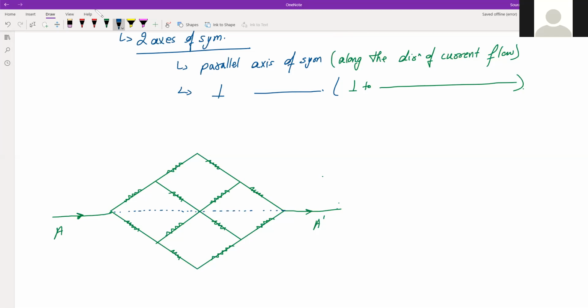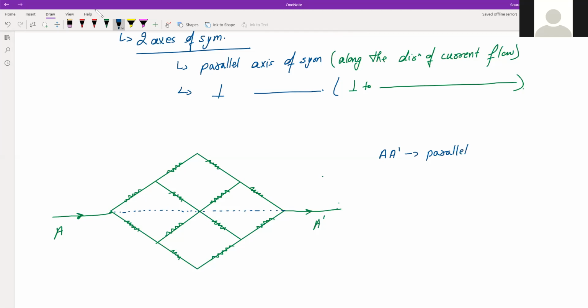So this AA dash, which we see here by this dotted blue line, is our parallel axis of symmetry because this is the direction in which the current is also flowing.